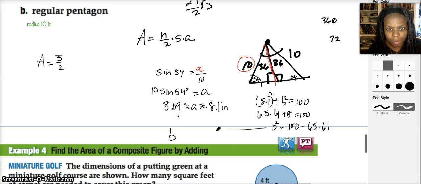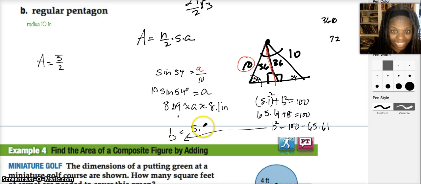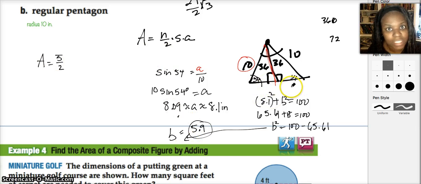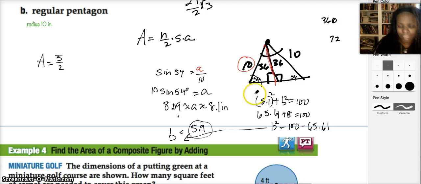When I take the square root, the base is equal to, glancing at my calculator, 5.86, 5.9. So the base is 5.9. And if the base is 5.9, I've got to double it. Gosh, this is the problem that keeps on giving. I've got to double 5.9, and when I do that, I get 11.8.